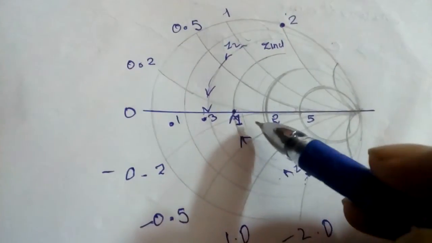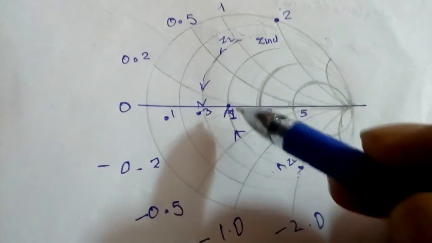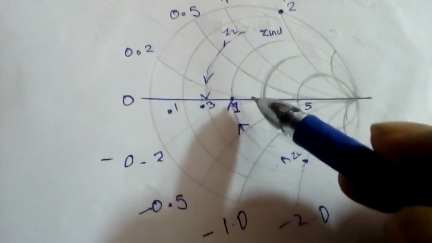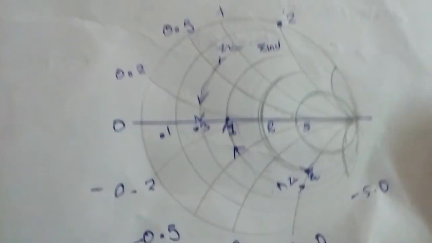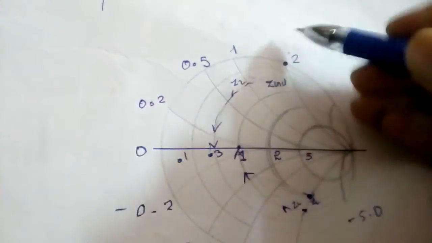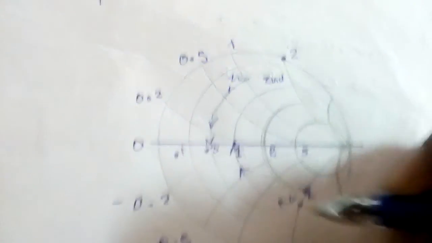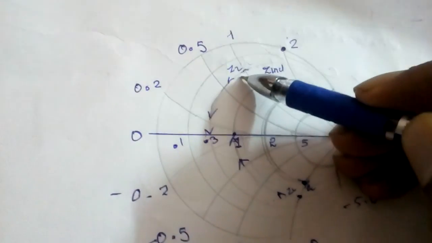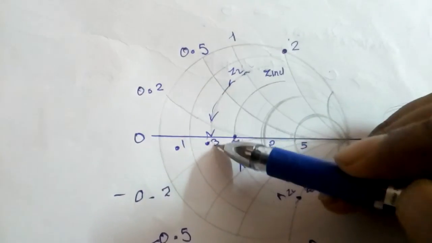While drawing this chart, the point must be at the center, but in this circle it is not at the center; it should be at the center. You can follow similar steps while using a series capacitor, but the movement on the Smith chart is just the opposite of a series inductor, from here on top of the Smith chart.